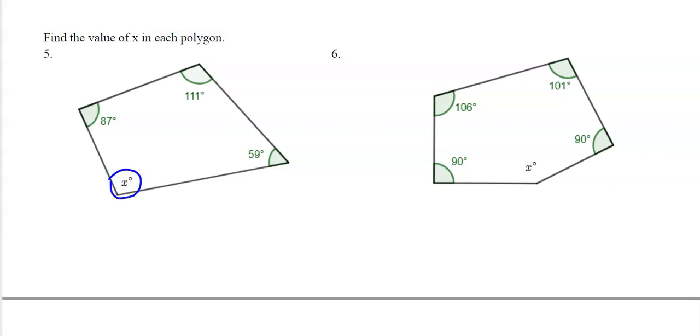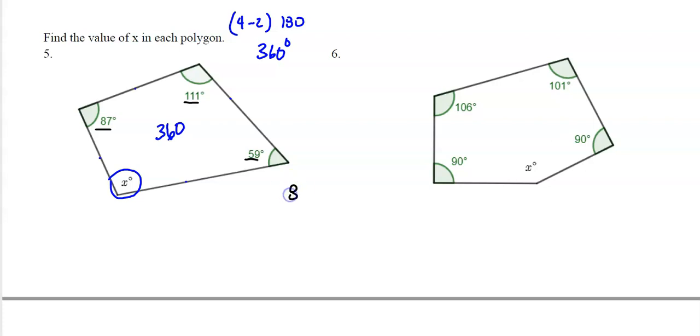Well, first of all, I count the sides. 1, 2, 3, 4. So what's the total if you have 4 sides? Well, 4 minus 2 times 180. That's 360 degrees. So every shape is 360 degrees. So what I'm going to do now is I'm going to add up how much I have.